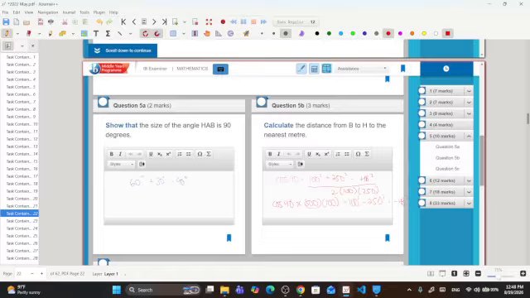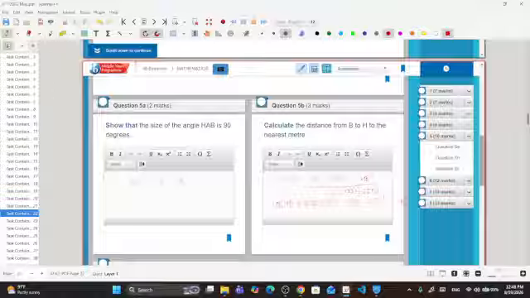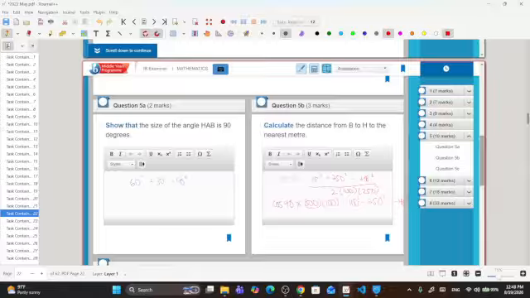Multiplied by 500 multiplied by 100 minus 100 squared minus 250 squared. We get an answer of HB being equal to 269.3, and that is going to be our final answer.